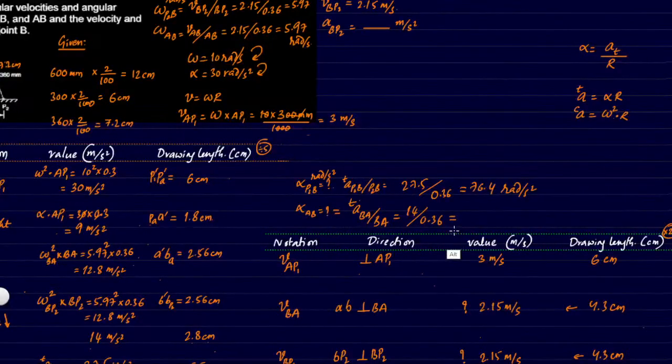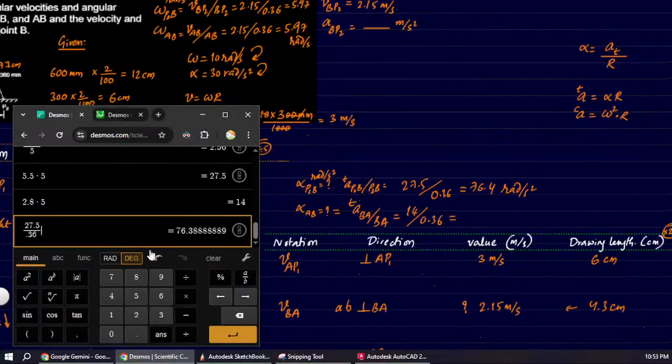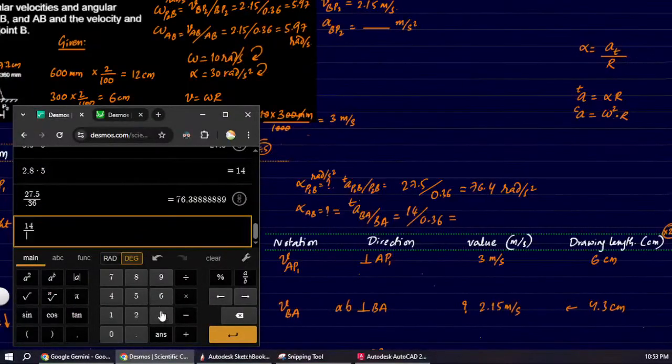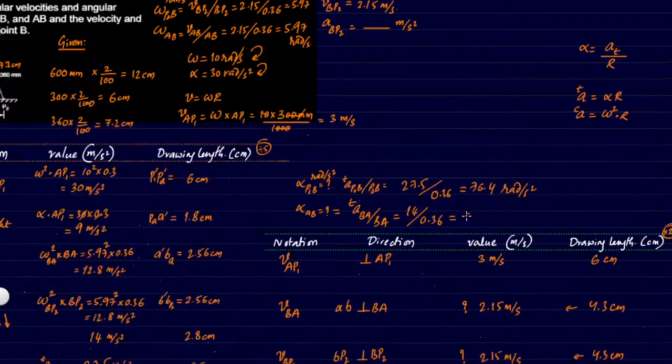Okay. So that gives us 14 divided by 0.36, so 38.9. 38.9 radians per second square. So that completes this particular problem.